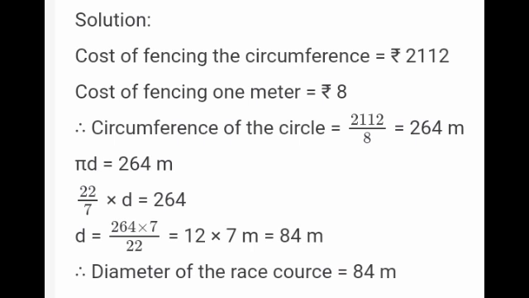Cost of fencing the circumference is rupees 2112. Cost of fencing per meter is rupees 8.